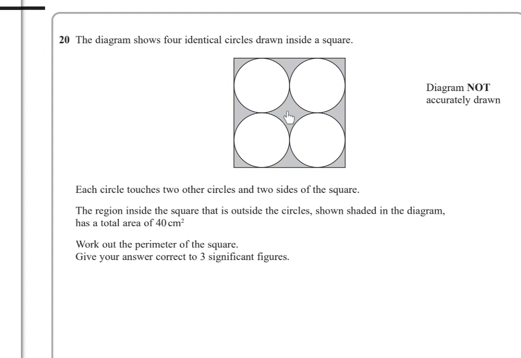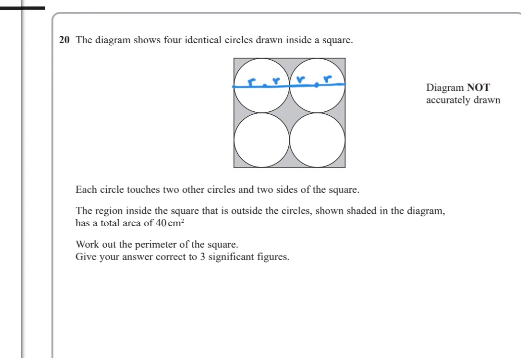Area of the shaded equals area of square minus area of the 4 circles. If we consider that the radius of the circle is r, the side of the square will be 4r.